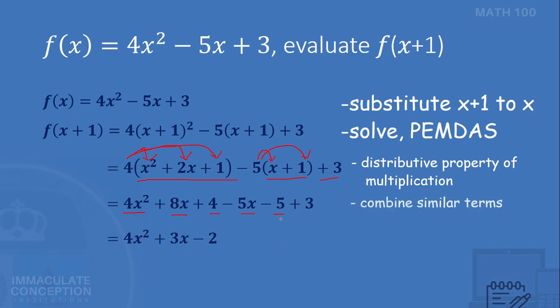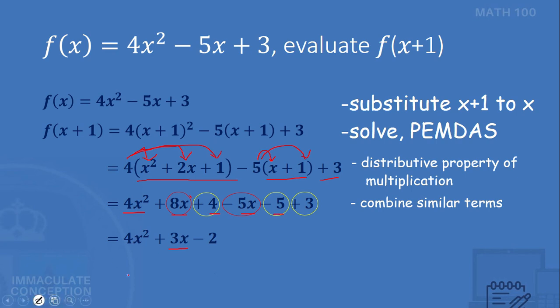And then combine similar terms. 4x squared, copy. 8x and negative 5x are similar. So we will have 8 minus 5, and that will become 3x. And then 4 and negative 5 and 3 are similar. So we have 4 minus 5, negative 1.